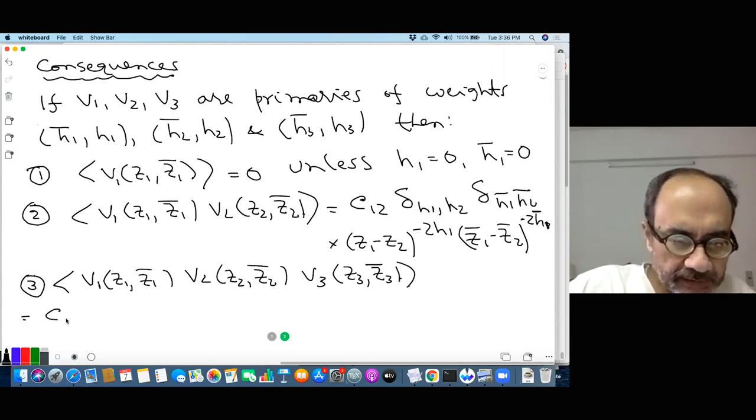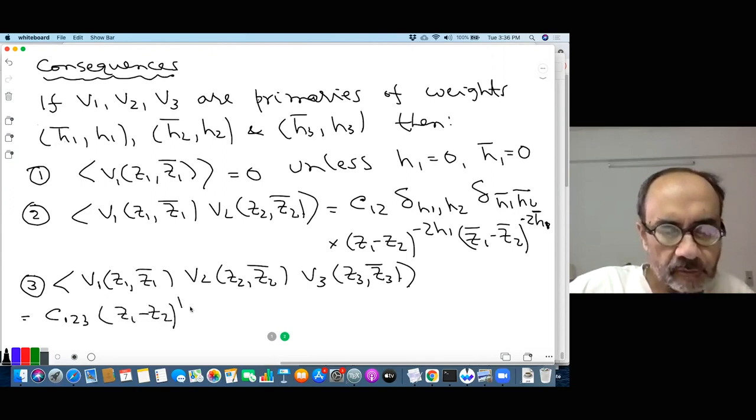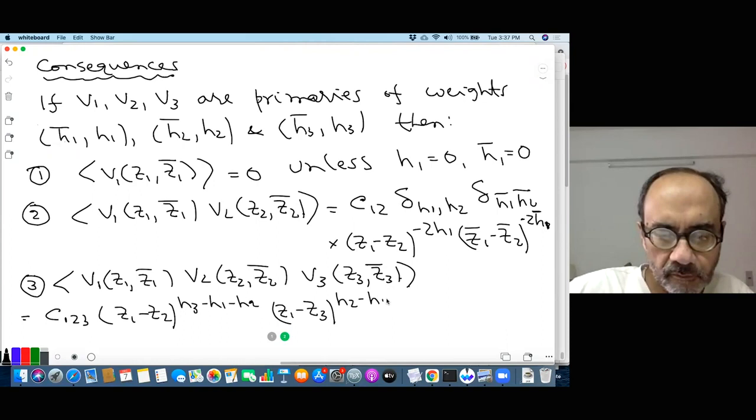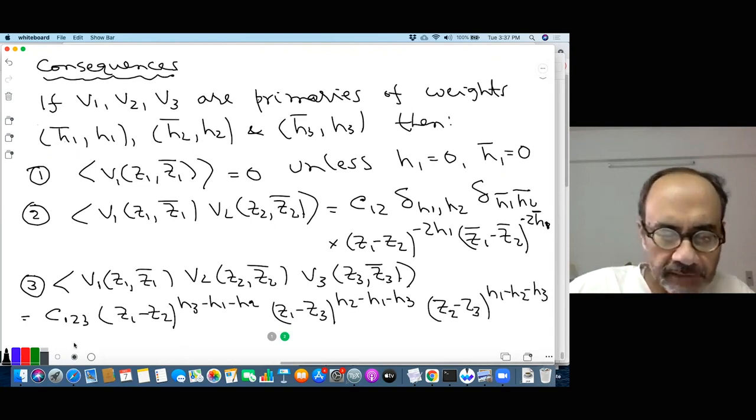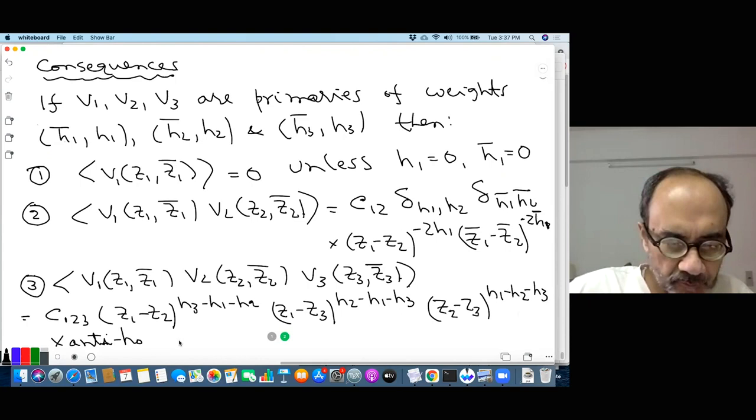This has a structure of a constant times holomorphic pieces, and times anti-holomorphic pieces, the exact analog of this, all of these having bars on top.